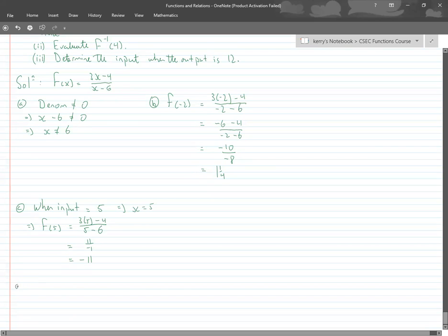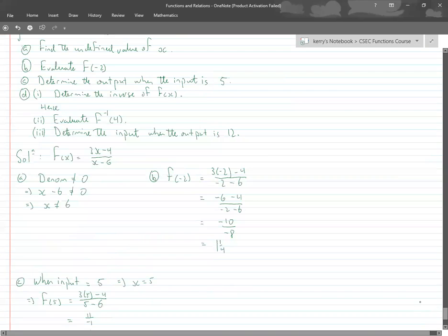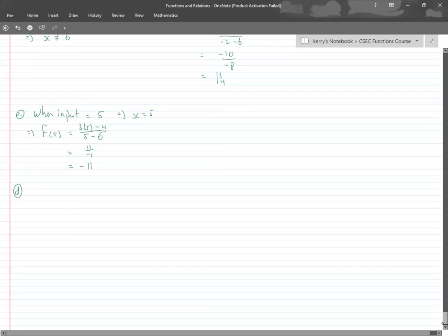All right, so let's go again. Now part D, they are asking us to find the inverse of f of x. Let's scroll up a little bit here. Yes, find the inverse of f of x. So remember, with inverse, you first start off with the function. So f of x is equal to 3x minus 4 over x minus 6.